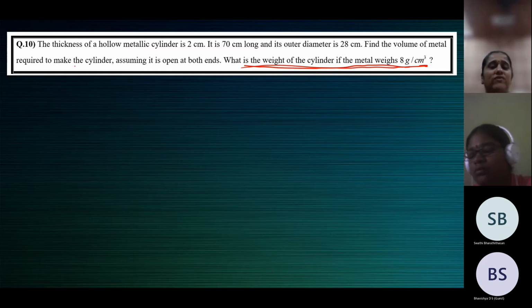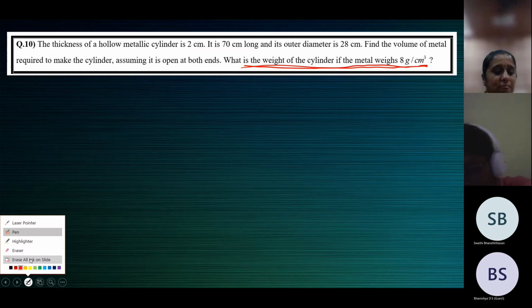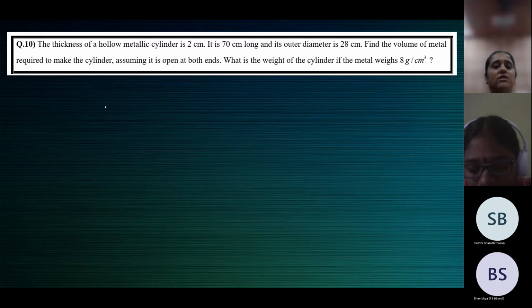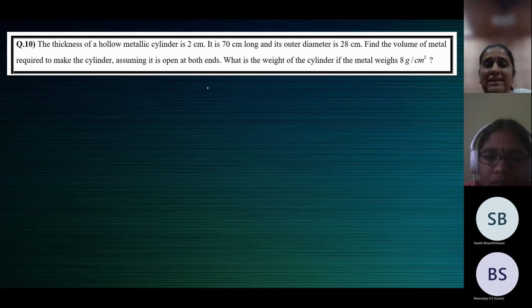So you'll have to find the volume and multiply by 8. Children, just imagine the cylinder which you have. Please focus, that's very important. It is a hollow cylinder, and the material is thick.